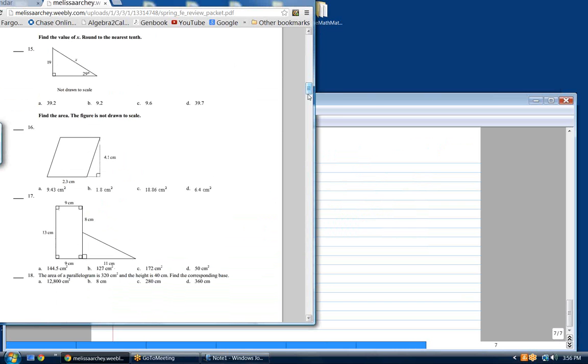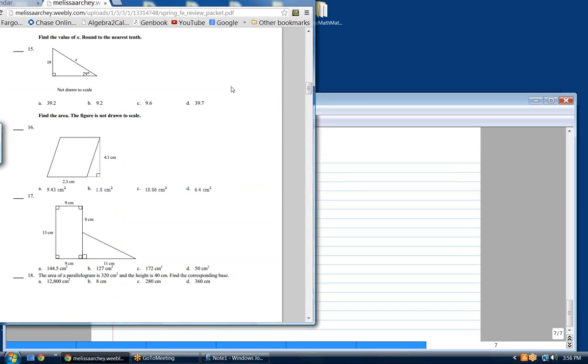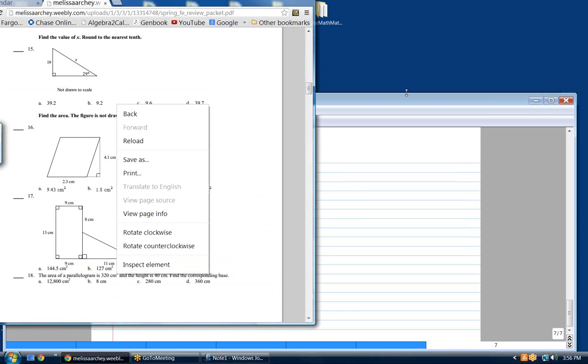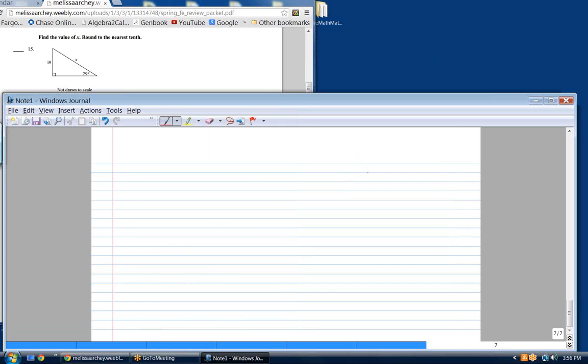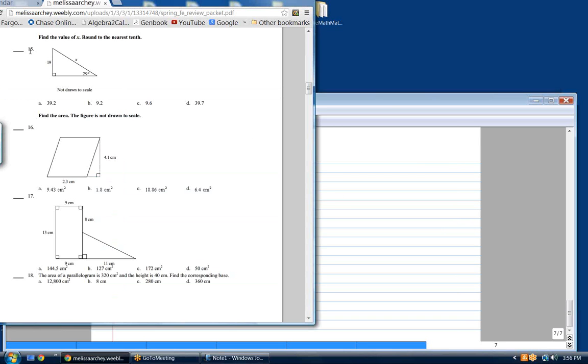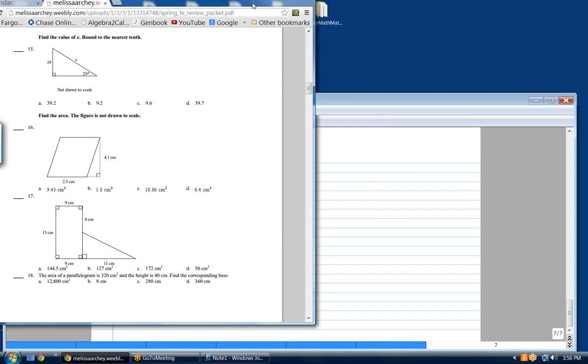Now if I ask you for the angle of elevation and it gives you the angle of depression, you just do the opposite. That's what we did: we solved for the angle of elevation in that problem, even though it asked for the angle of depression.